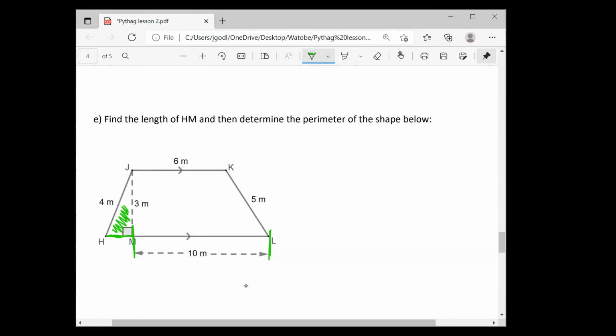All right, I'm going to start with this little green triangle that I have colored in over there so that I can find HM. My hypotenuse squared is equal to my one side squared plus my other side squared, Pythagoras. I'm going to move that 3 over, and that's equal to HM squared.